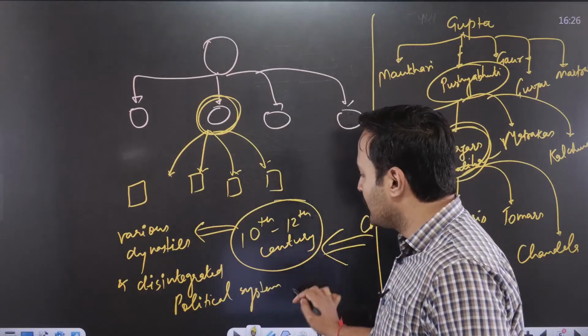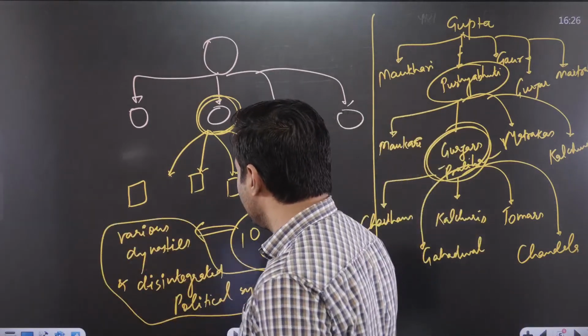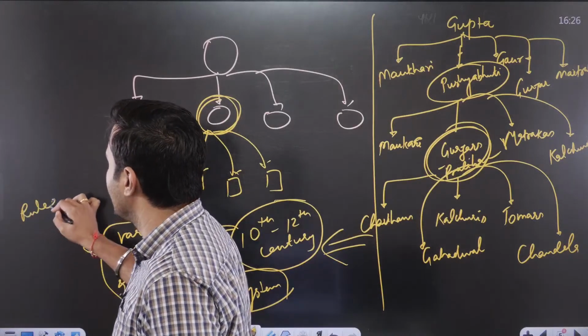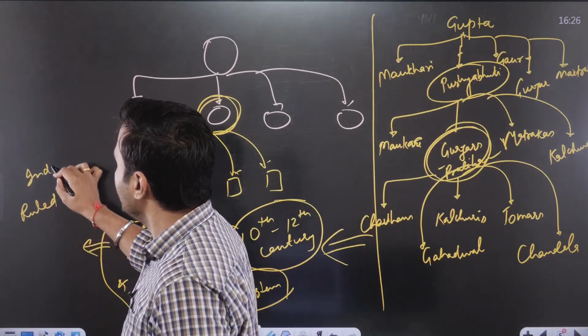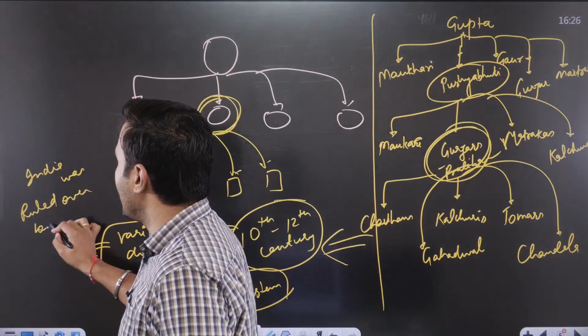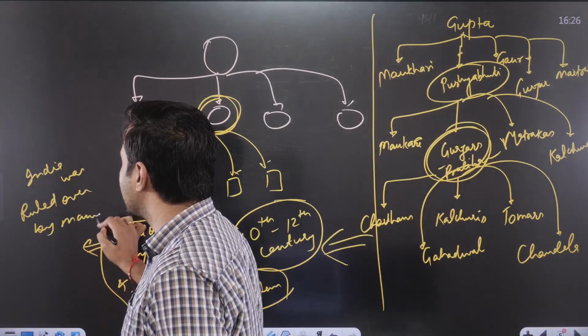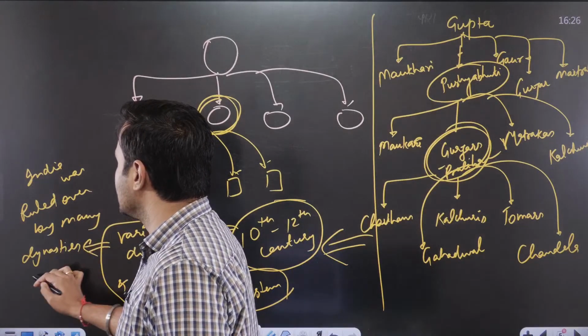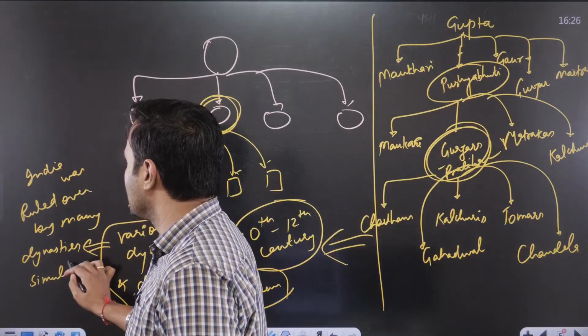Okay, this disintegrated political system, that India was ruled over by many dynasties, right? Many dynasties simultaneously.